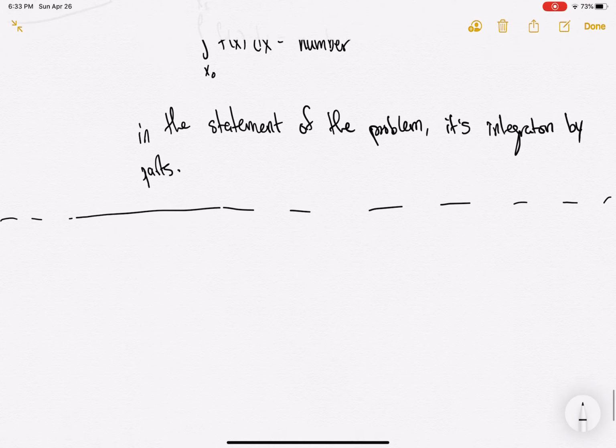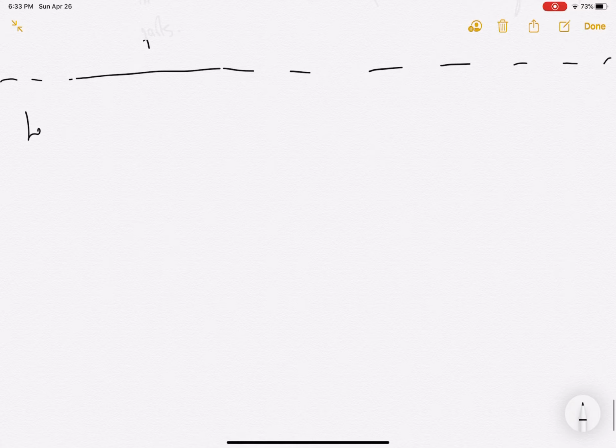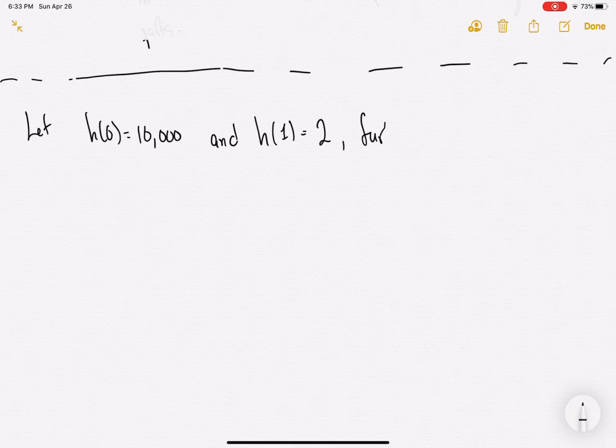So in this case, it says, let h of 0 equal 10,000 and h of 1 equal 2. Further, integral from 0 to 1, x, h of x, h prime of x, dx equals 1.